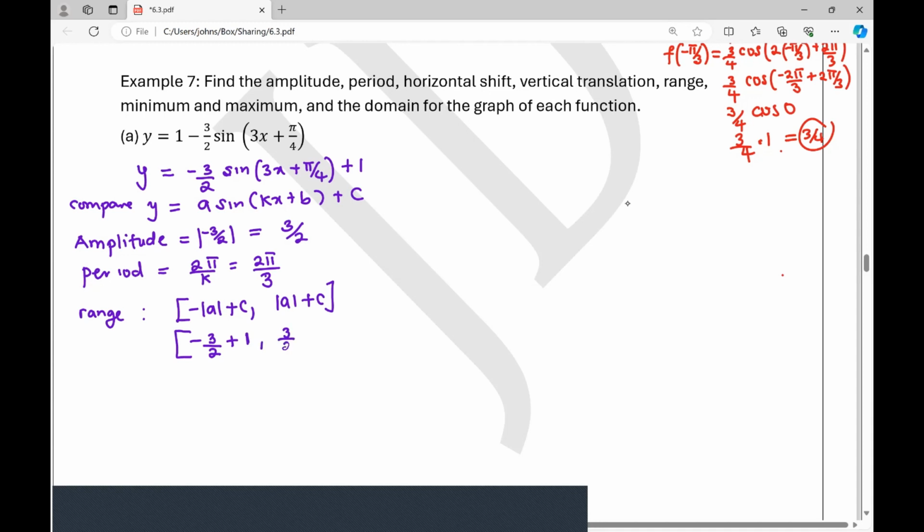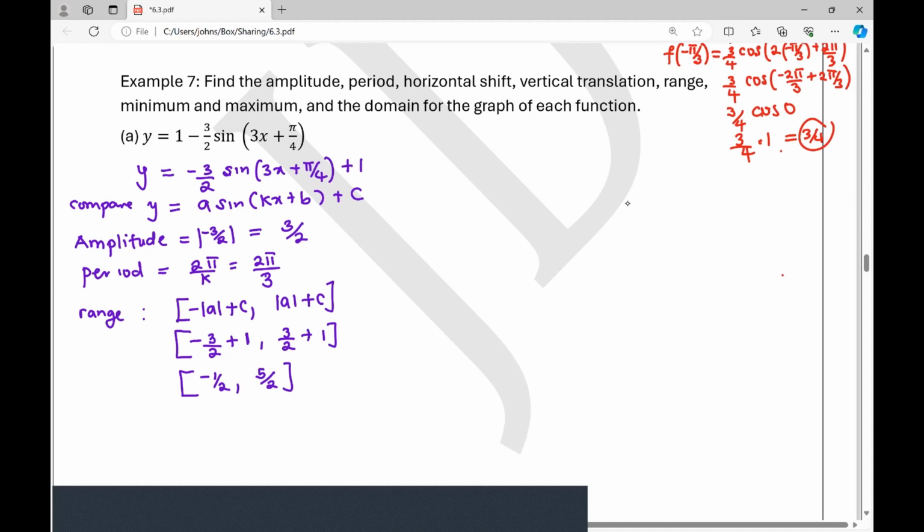Then 3/2 also plus 1. So it means it's going to go from minus half to 5/2, right? Okay. Now, this is the range.